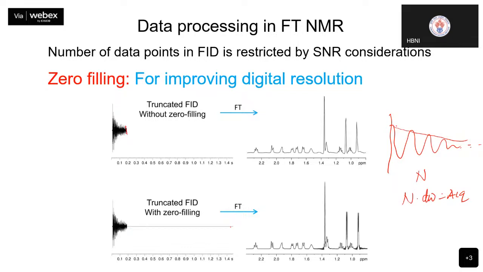The FID is truncated here, the FID is finished there, but you add these many zeros. You certainly have increased the number of data points. When you do Fourier transformation, of course, this problem is not gotten over, but you certainly increase the resolution in the spectrum because you have put more points there. The data is represented better. See, this triplet is looking better, this doublet is looking better than this, and this is looking better than this.